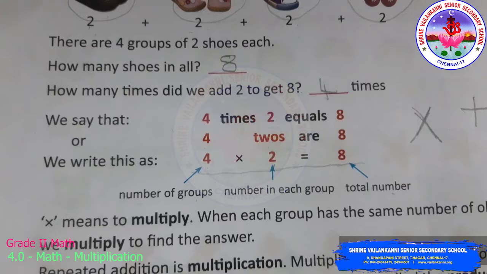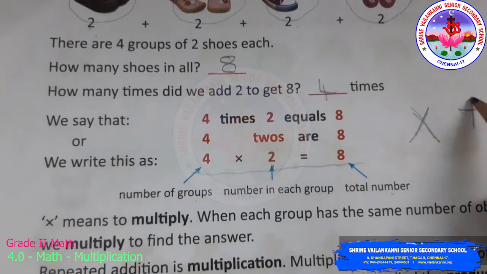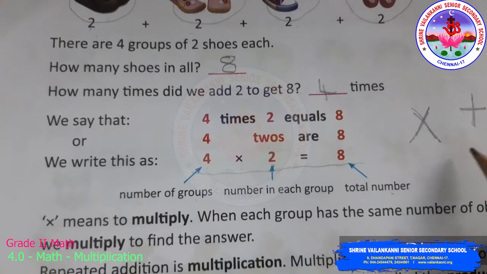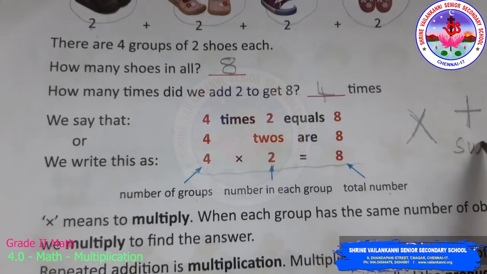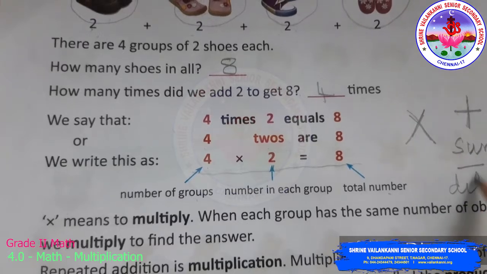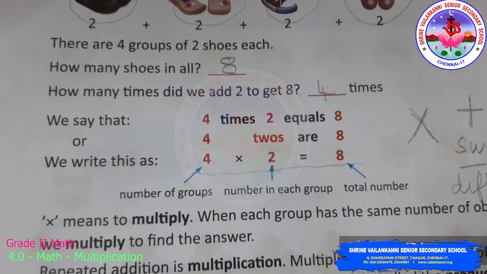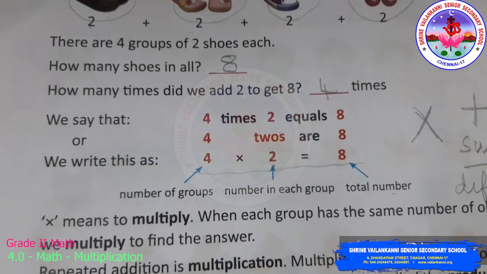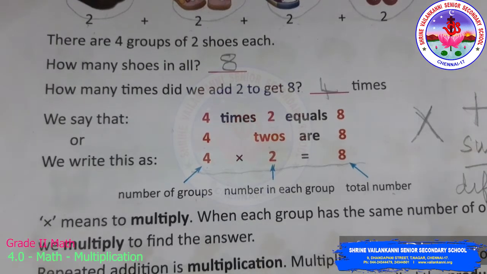You already know that repeated addition is multiplication, and I have already told you that multiplication is a faster way of doing repeated addition. In addition, the answer you call the sum. In subtraction, you call it the difference.